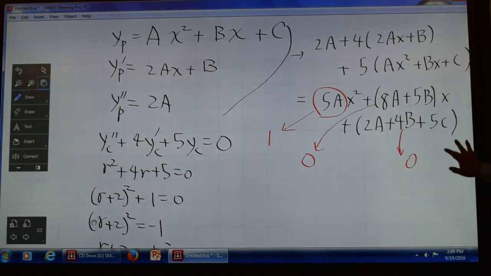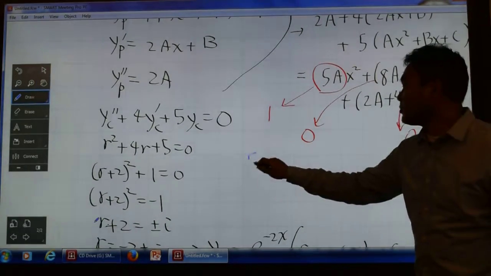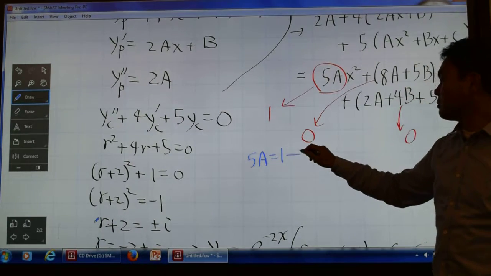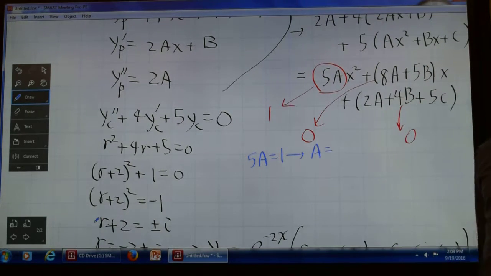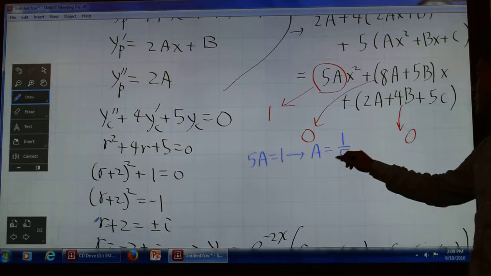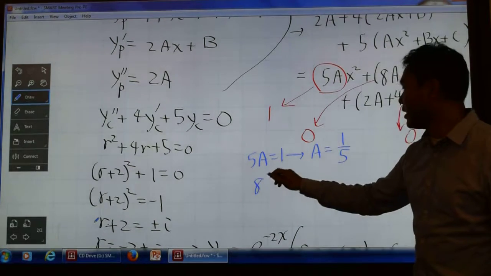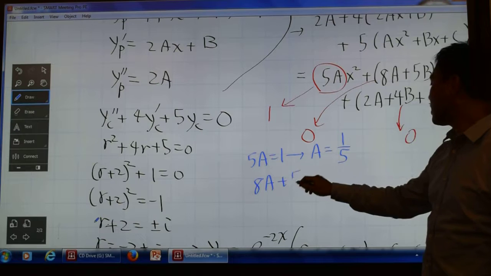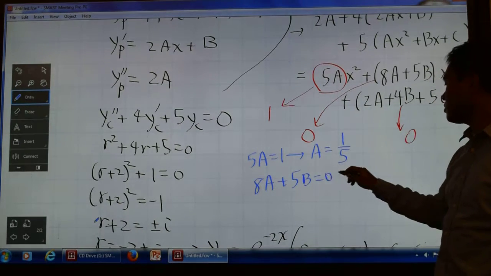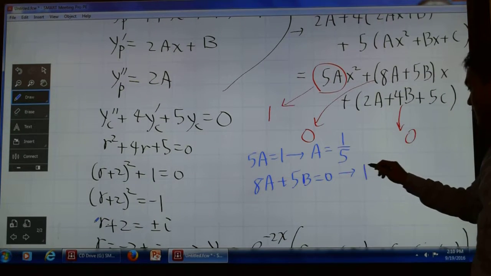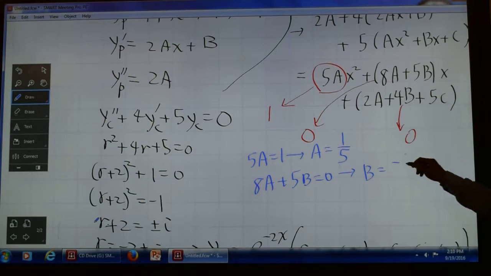Okay. So let's try. First, 5a should equal 1. That makes a equal to 1/5. Then 8a plus 5b should equal 0. So that means b is equal to negative 8a over 5. And because a is 1/5, 1/5 times negative 8 over 5 gives you negative 8 over 25.